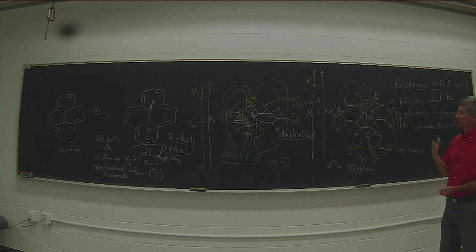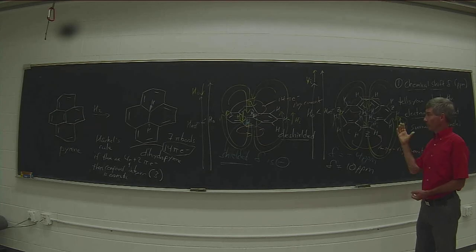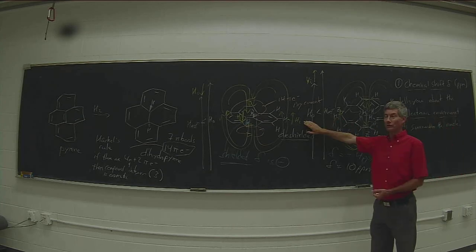So other things being equal, the more pi electrons are causing the ring current, the stronger the current, the stronger the magnetic field will be generated by that, and the more deshielded things will be, assuming that they are on the outside of the circulation.